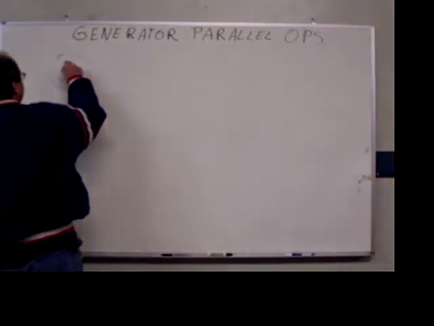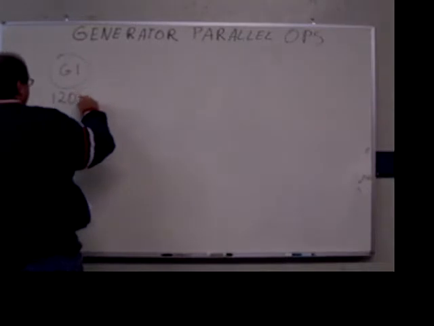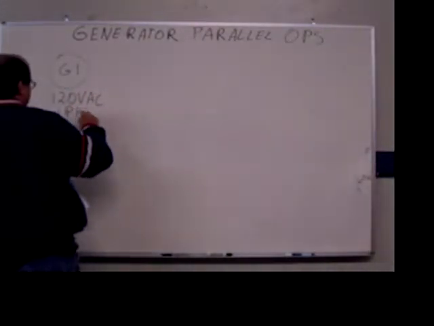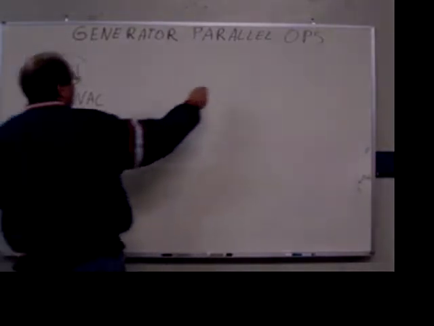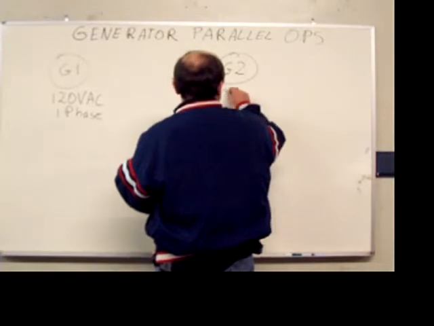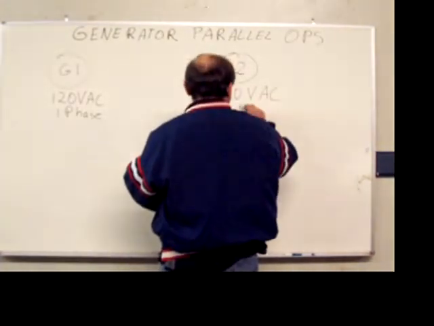I'm going to have generator 1 here, and this is set to 120 volts AC 1 phase, to make it simple. And then you have here generator 2, 120 volts AC 1 phase.